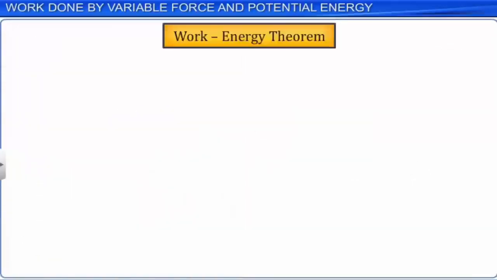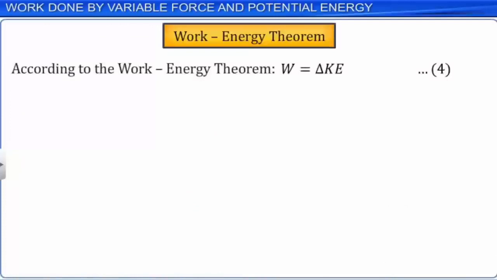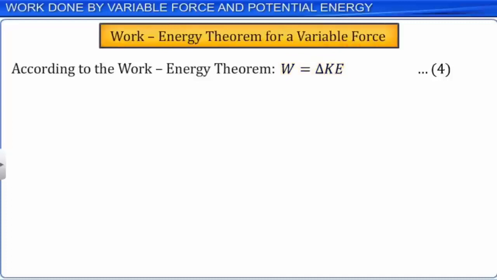We know that according to the work-energy theorem, the work done, W, by a net force on a body is equal to a change in its kinetic energy, KE, as in expression 4. W is equal to delta KE. Let us now try to prove the work-energy theorem for a variable force.